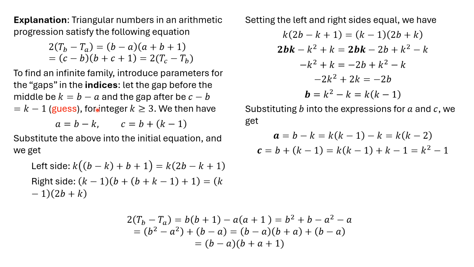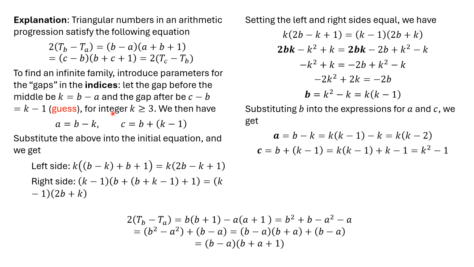I guess the way to describe this in a more positive light is you need to try different index gaps to see what works. This was sort of the easiest one, to just assume a gap k, and then whatever you have between the middle term and the last term, t sub c, assume it's just one less, because after all, these triangular numbers get larger as you go further out.